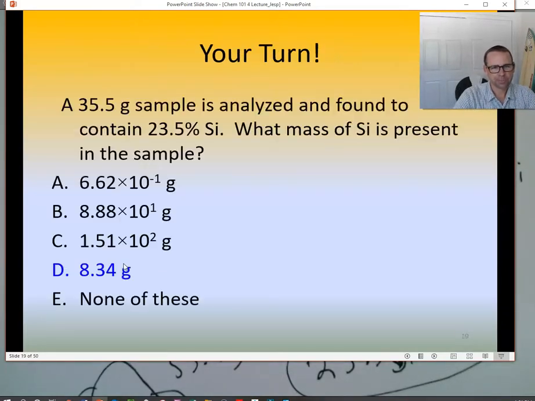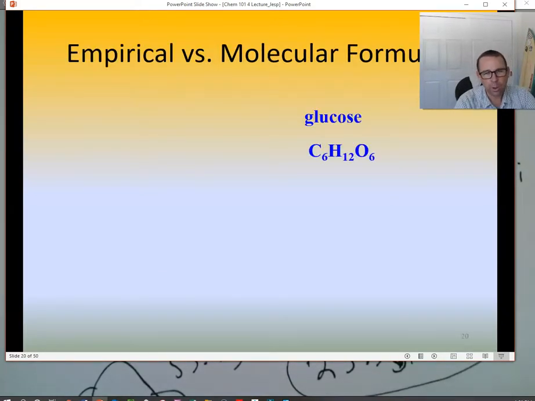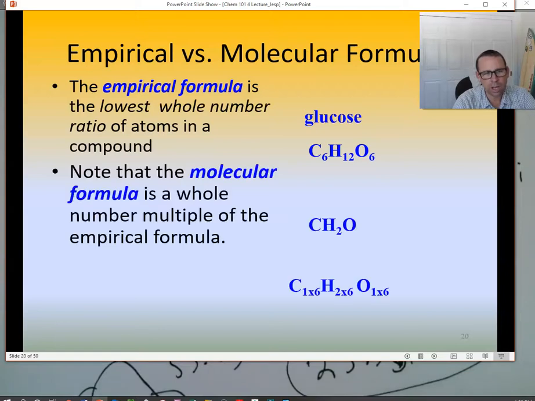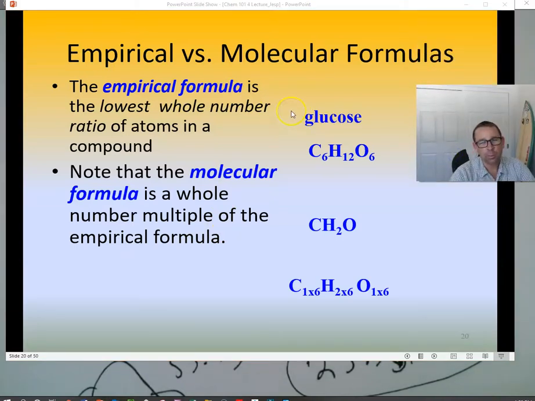All right. So I'm going to introduce a new name for, well, we know about molecules. We've talked about molecules. Those are compounds that contain only nonmetals. And the formula for a molecule we can call the molecular formula.